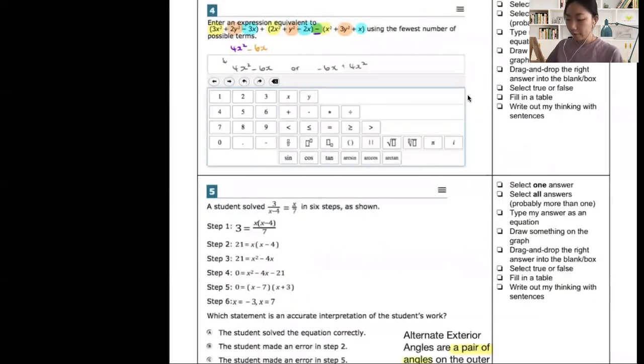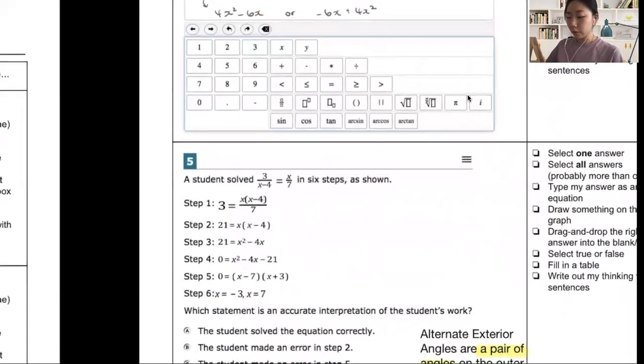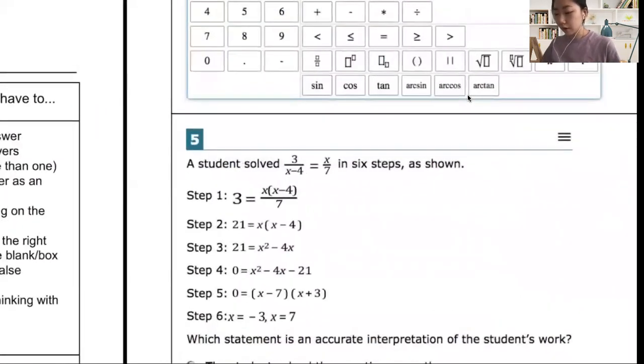All right, number 5. A student solved 3 over x minus 4 equals x over 7 in 6 steps, as shown. So in this situation, we can just follow what it does, right? Okay, so it's cross multiplying. It wants to move x minus 4 to the other side. So we multiply x minus 4 on both ends, right?